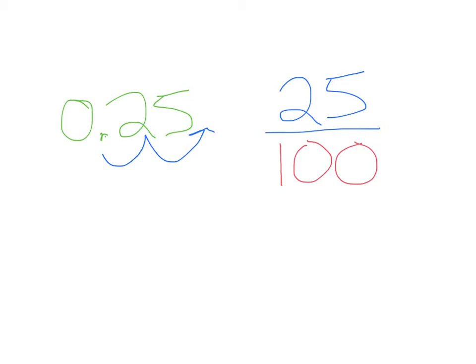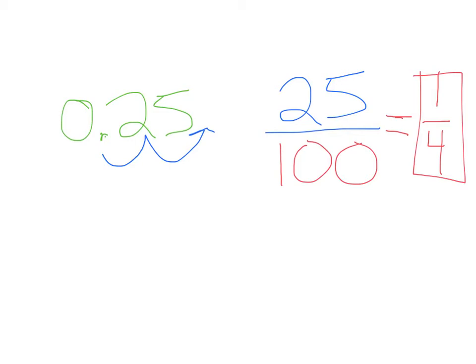So 25 hundredths is my fraction. But is 25 hundredths reduced? No. 25 and 100 can both be divided by 25. You can divide them both by 5. If you did 5, you would get 5/20ths, which would reduce again to 1/4. So remember, reduce it all the way. Reduce it till you can't reduce any further.